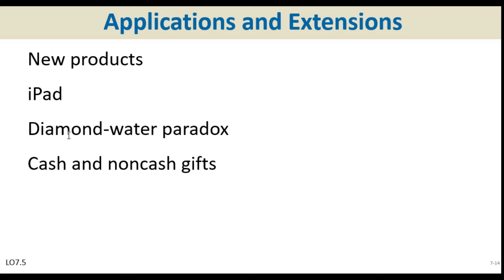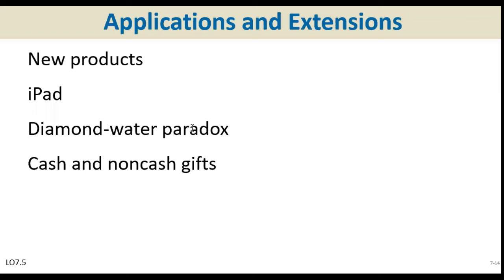We also have the diamond and water paradox, for instance. It is another application of the concept. Why do some goods that are essential for life, like water, cost less than a diamond that is not essential to life?